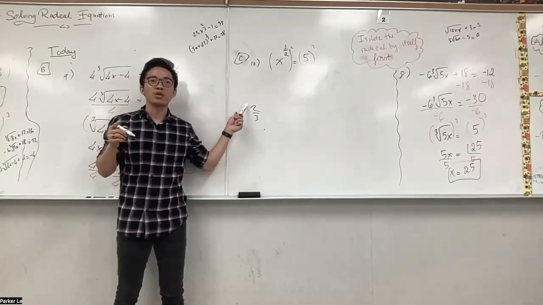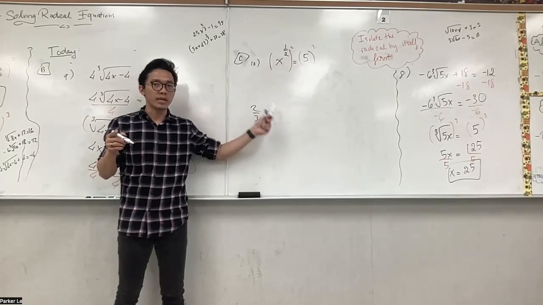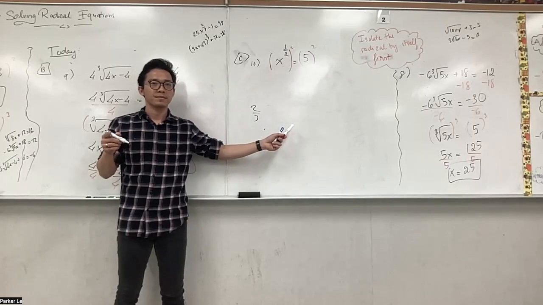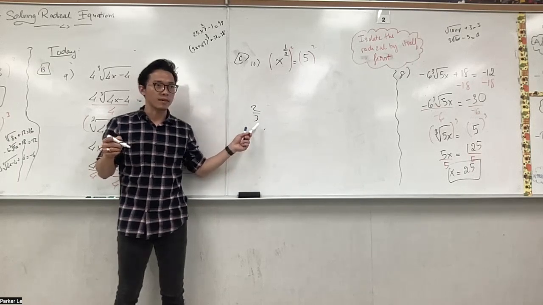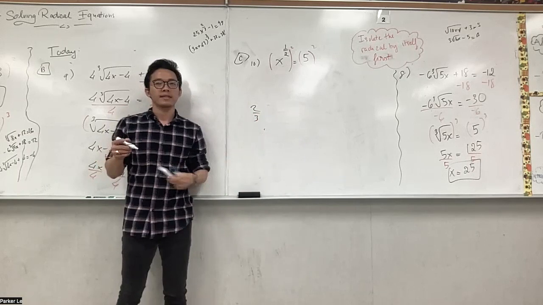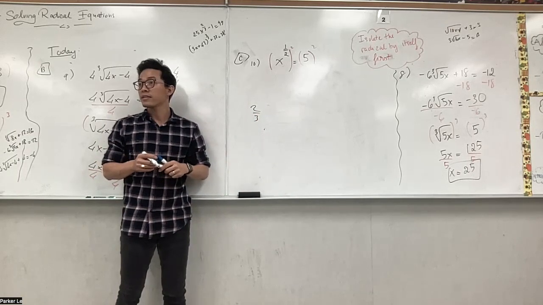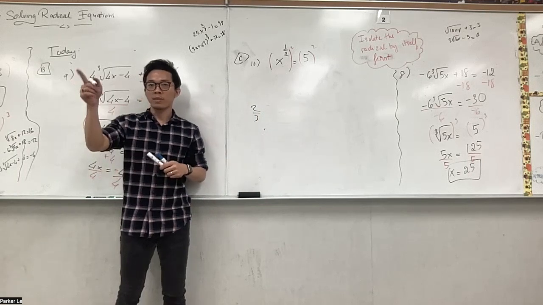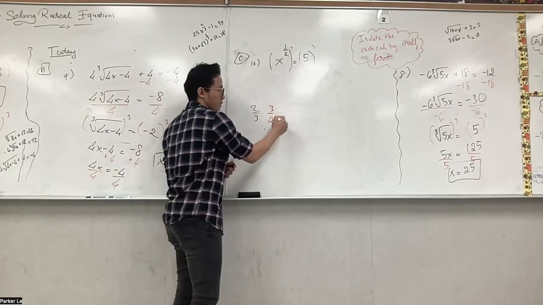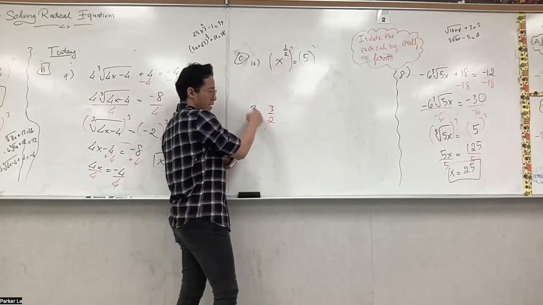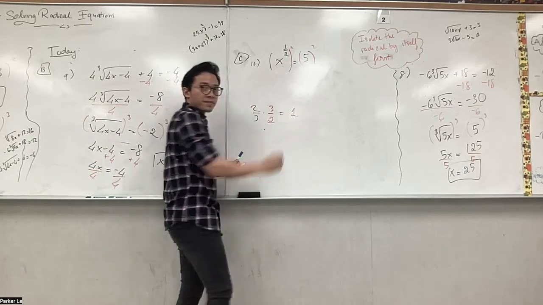If I give you the fraction 2/3, what number do you multiply by it so you can have 1? 3/2. Why? 2 and 2 cancel out, 3 and 3 cancel out. They give you 1.